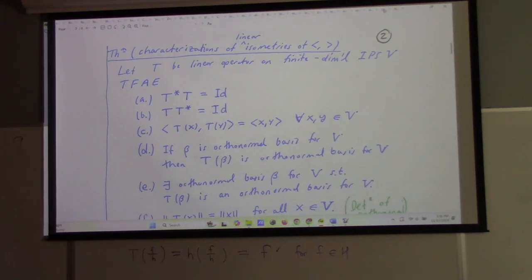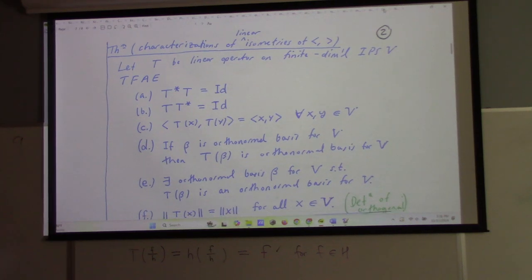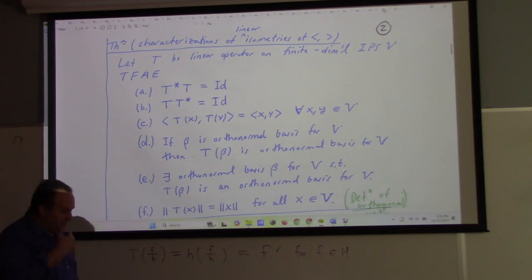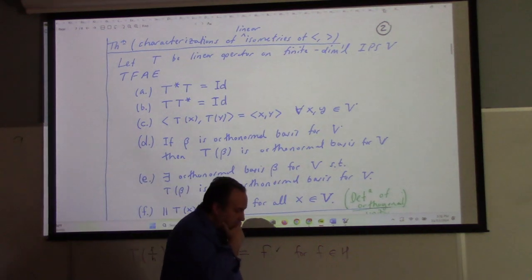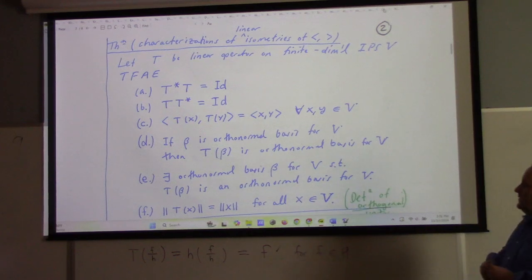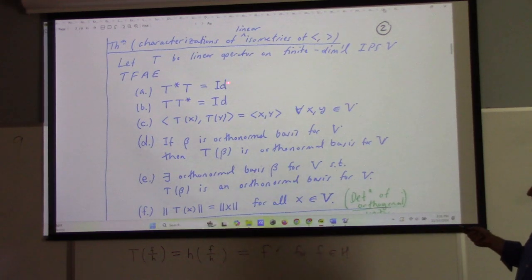So there are a bunch of different ways to characterize a linear isometry of the inner product. These are all equivalent. The last one, I think, is the actual definition that we gave. T star T is the identity, or T T star is the identity. I like this one, it literally preserves the inner product: T of x with T of y is x with y, for all x, y.